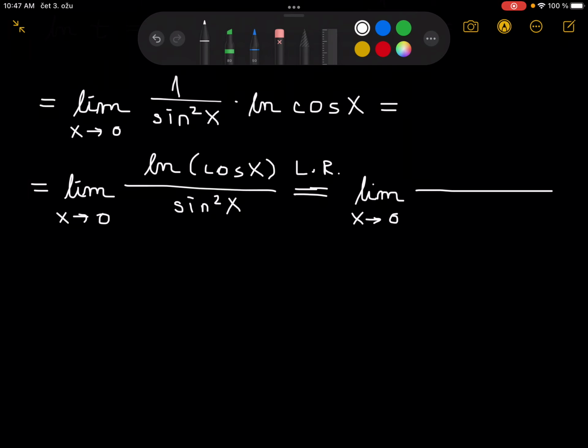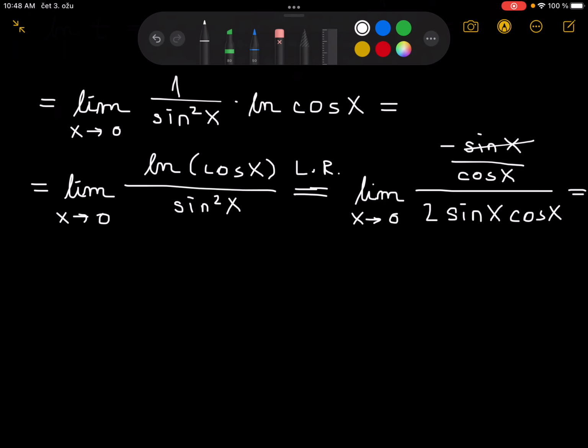So the derivative with respect to x of ln of cosine x is 1 over cosine x, but don't forget that we have to use the chain rule, so we have to multiply 1 over cosine x by the derivative of cosine x, so that's exactly the same as negative sine of x. And for the lower part, the derivative of sine squared of x is 2 times sine of x, and times the derivative, again we're using the chain rule, of sine of x, which is cosine of x.